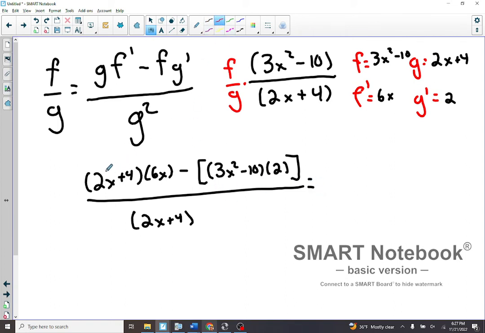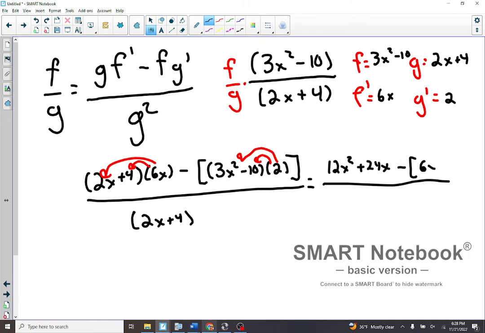From here, we take the 6x and multiply it to the 2x, and multiply it to the 4. In here, I'm probably going to distribute the 2 to the 3x squared and the negative 10. So I'm going to get 12x squared plus 24x minus 6x squared minus 20 over 2x plus 4 squared.